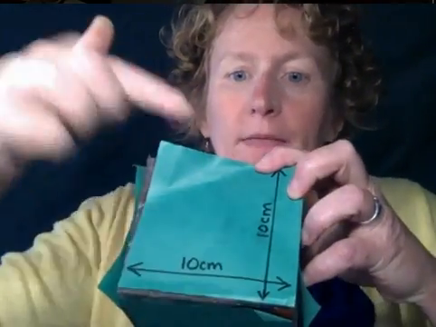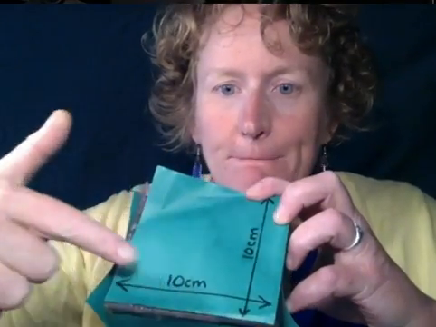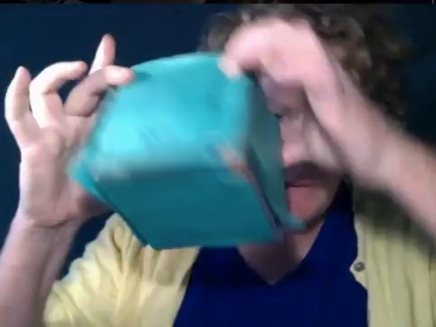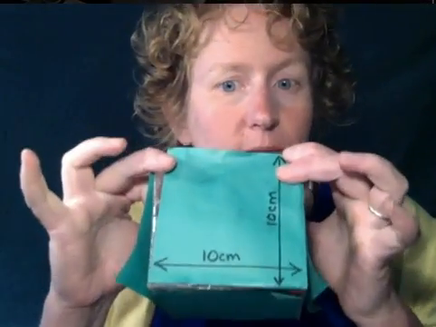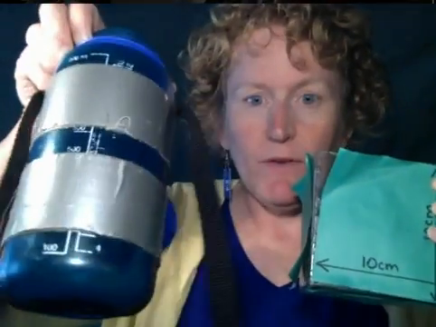And we could fit 1,000 of these in this box, that is 10 centimeters by 10 centimeters by 10 centimeters. And it will hold, if I put water in this box, that's 10 by 10 by 10, it's a cube, that's 10 by 10 by 10 centimeters, 10 times 10 times 10 is 1,000. And that's 1,000 milliliters.